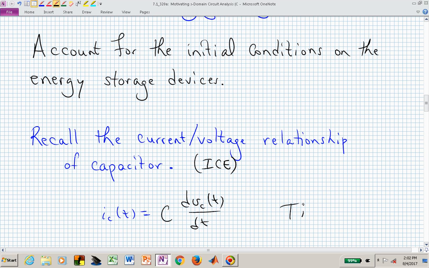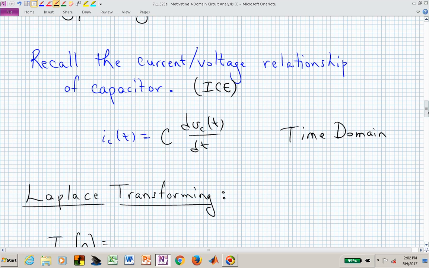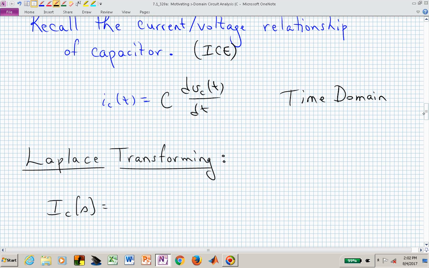That's in the time domain. We can actually Laplace transform that differential relationship between the capacitor's current and the capacitor's voltage, and that's actually what gives us this memory or this dynamic behavior in the circuit.